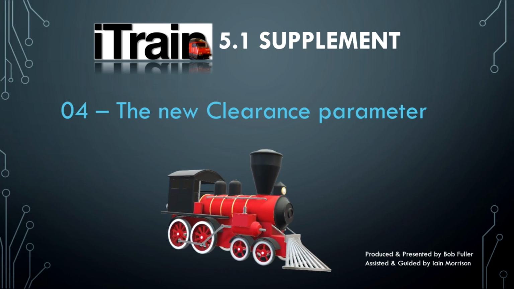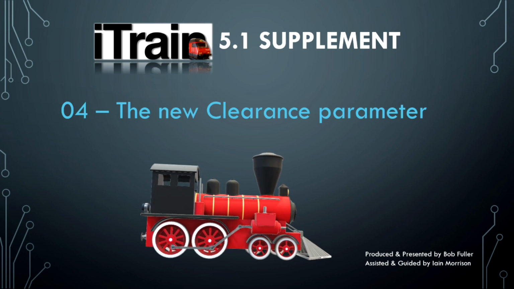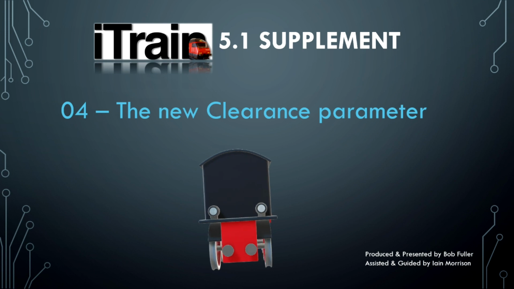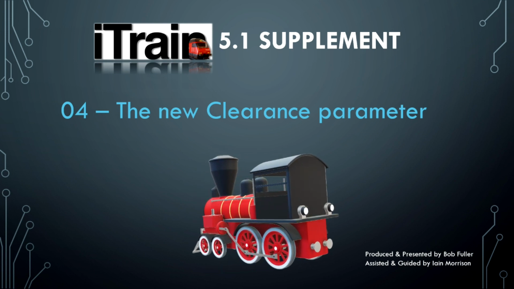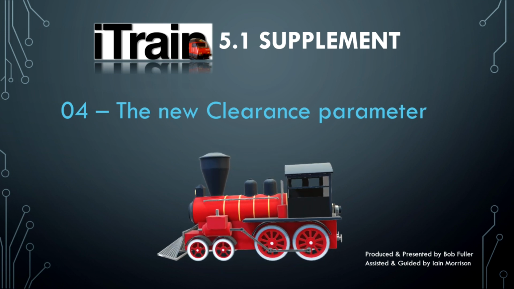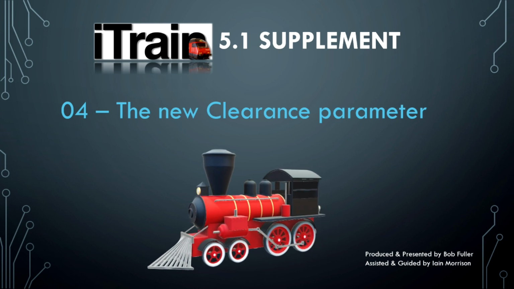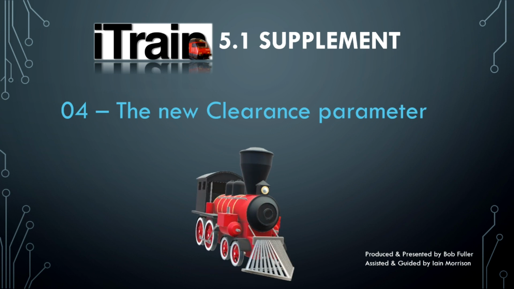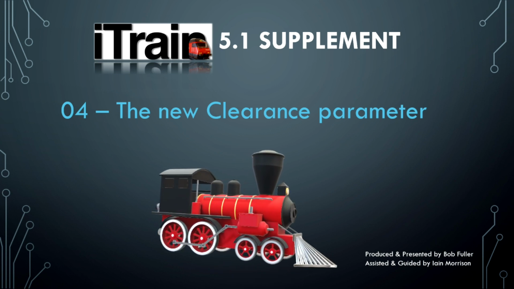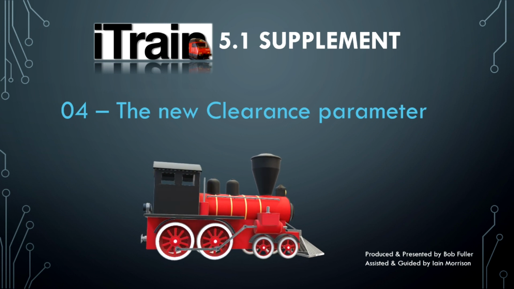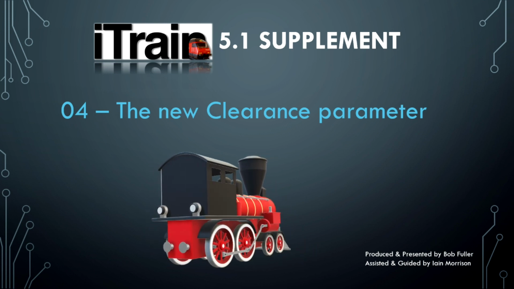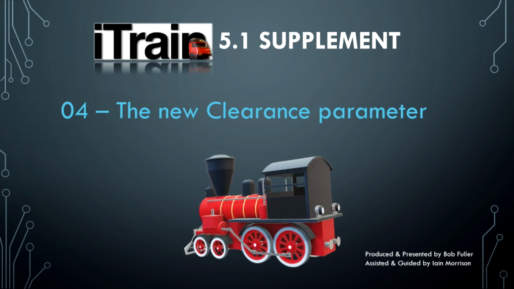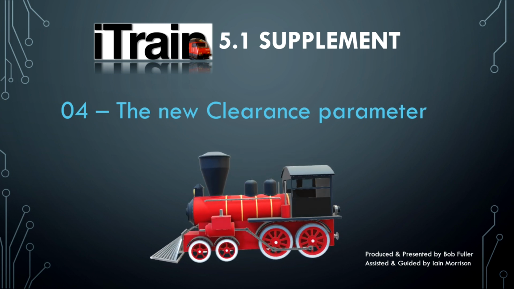iTrain does a good job of automatically converting the old layout file to 5.1. But there is a new parameter in 5.1 called clearance that replaces margin when the positions mode is used in a block, and it will require our manual intervention to ensure that its values are set correctly.